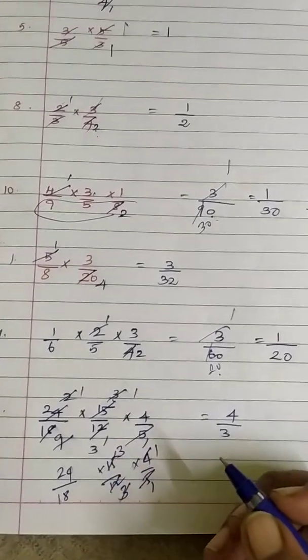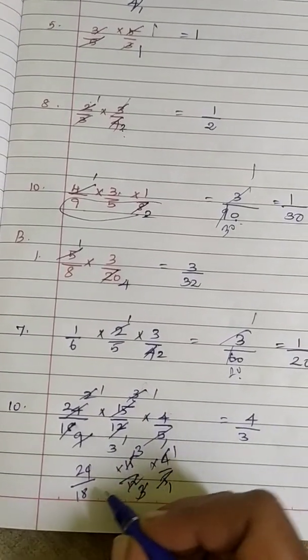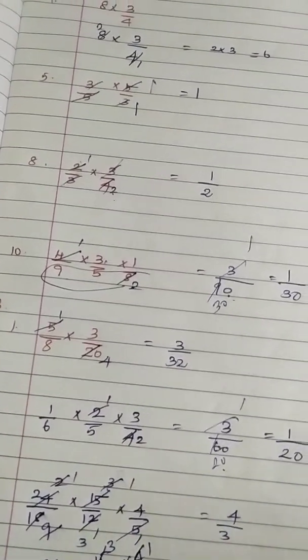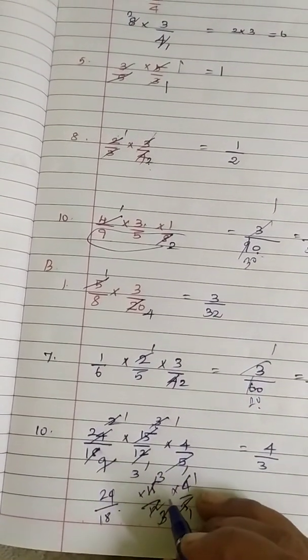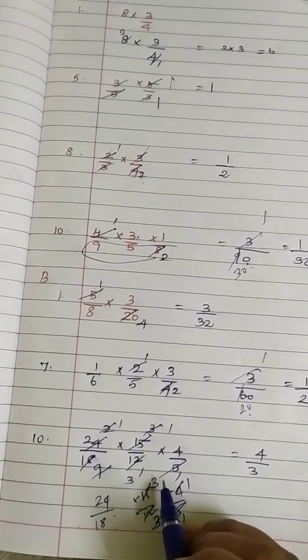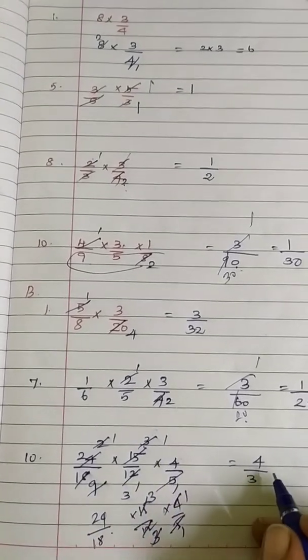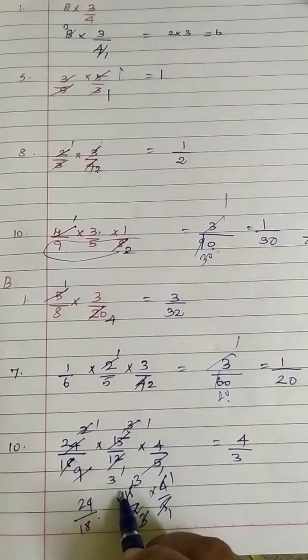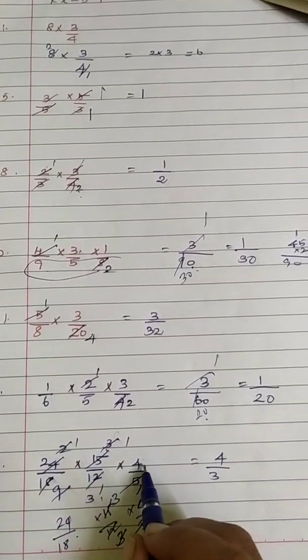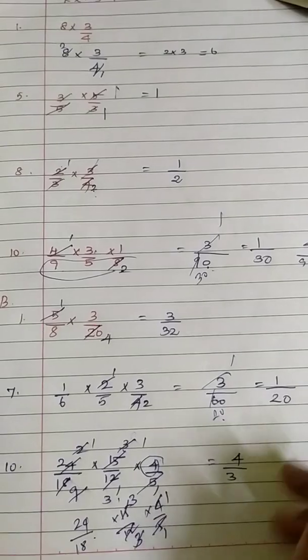Then 18 you have, 24 you have. If you cancel with the 3 table, you will be cancelling it 2 times. So the remaining numbers: denominator 3, and here you have 1 4, so it is 4 by 3.